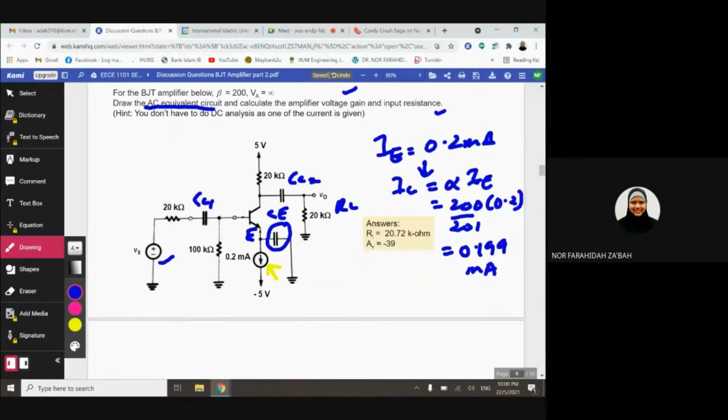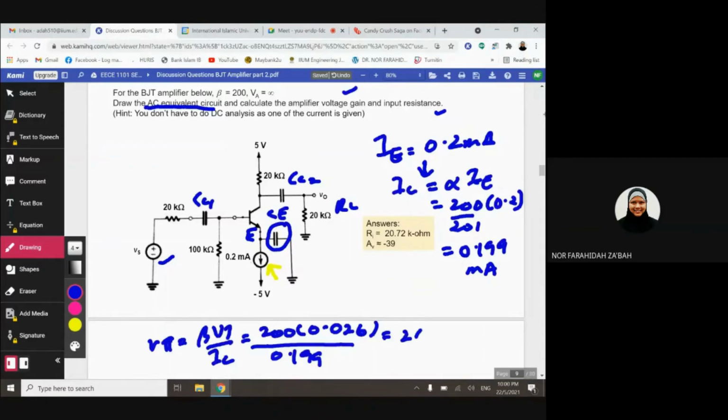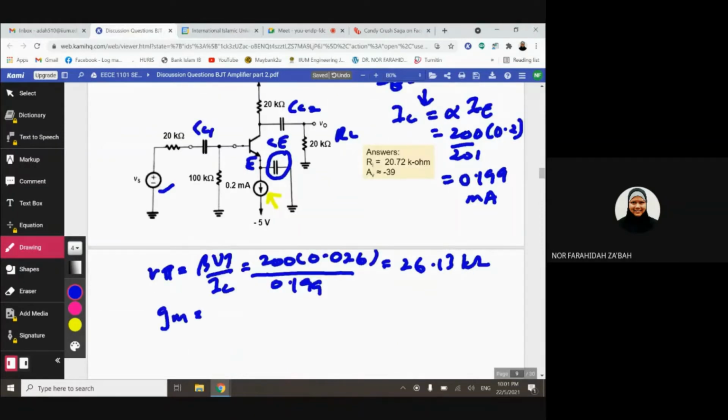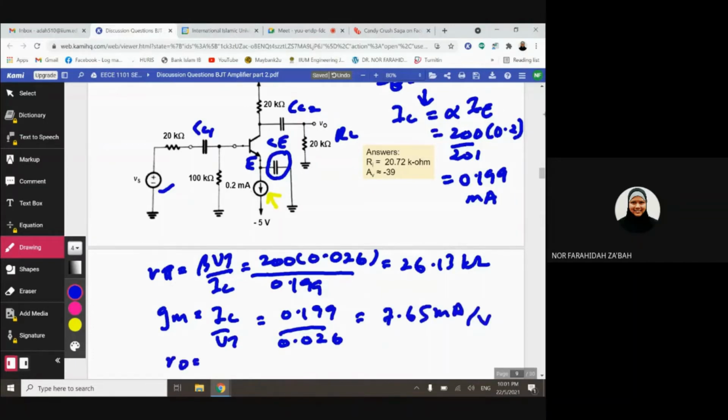So r pi is 26.13 kilo ohm. Then gm is 7.65 milliampere per volt. And again r naught is infinity, because your VA is infinity.